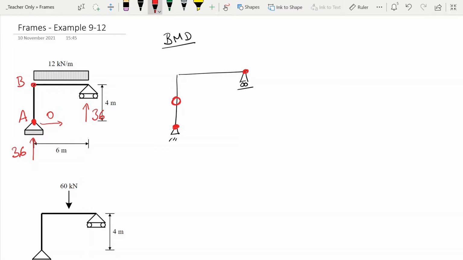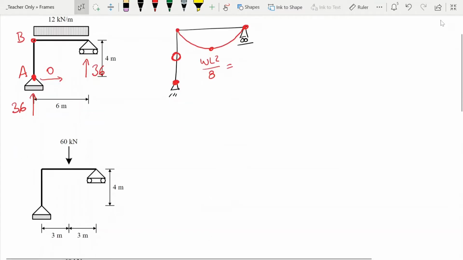Now we get to a moment that we know straight away. The quadratic moment starts from 0, finishes at 0, and the value here is WL squared over 8. In this particular case, that's 12 times 6 squared divided by 8, which is equal to 54.